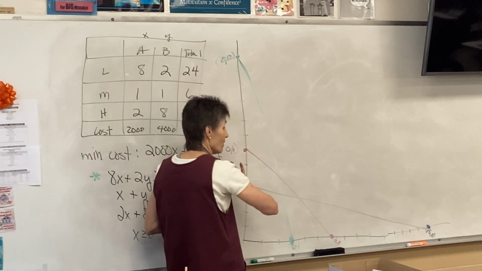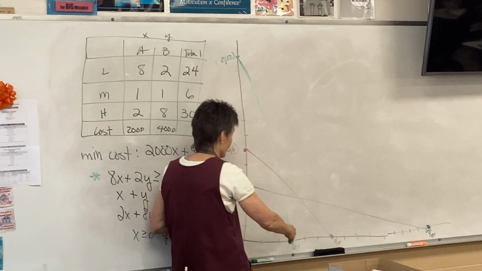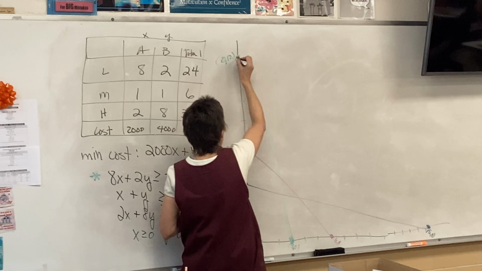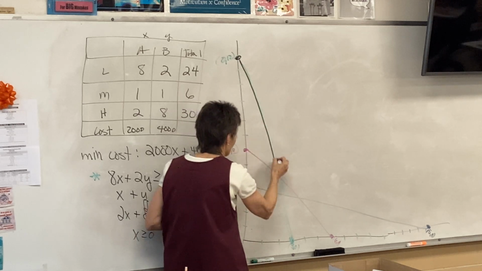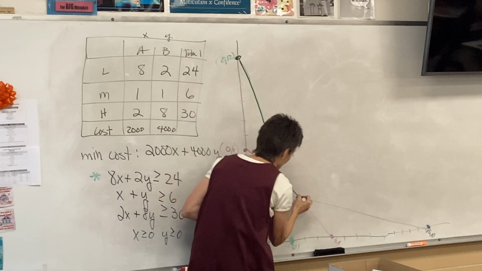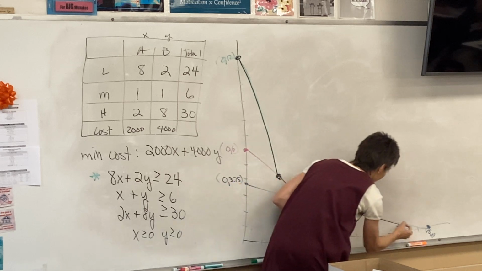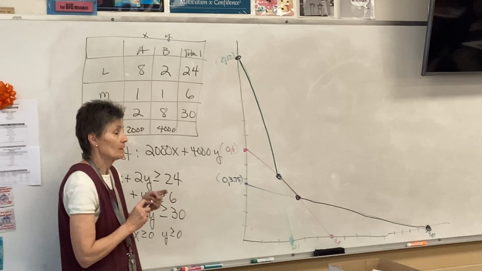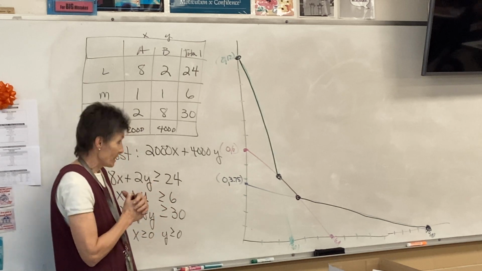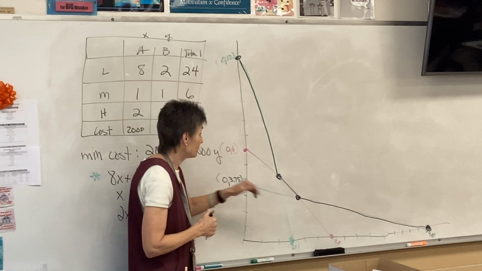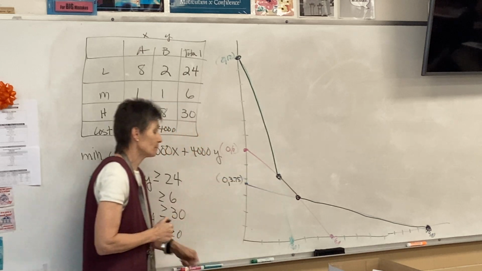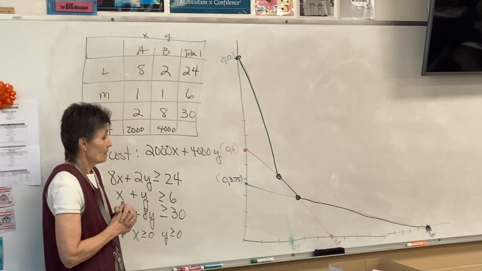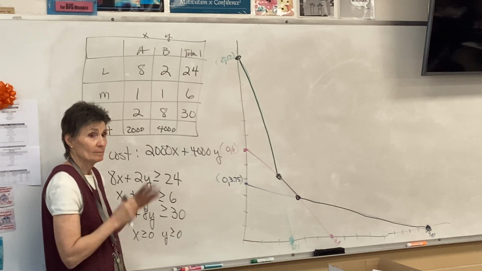So if I am on that side of all of these lines, I am out here. Does that make sense to you? If the pink one were less than, then we would be right in here. Everyone with me?